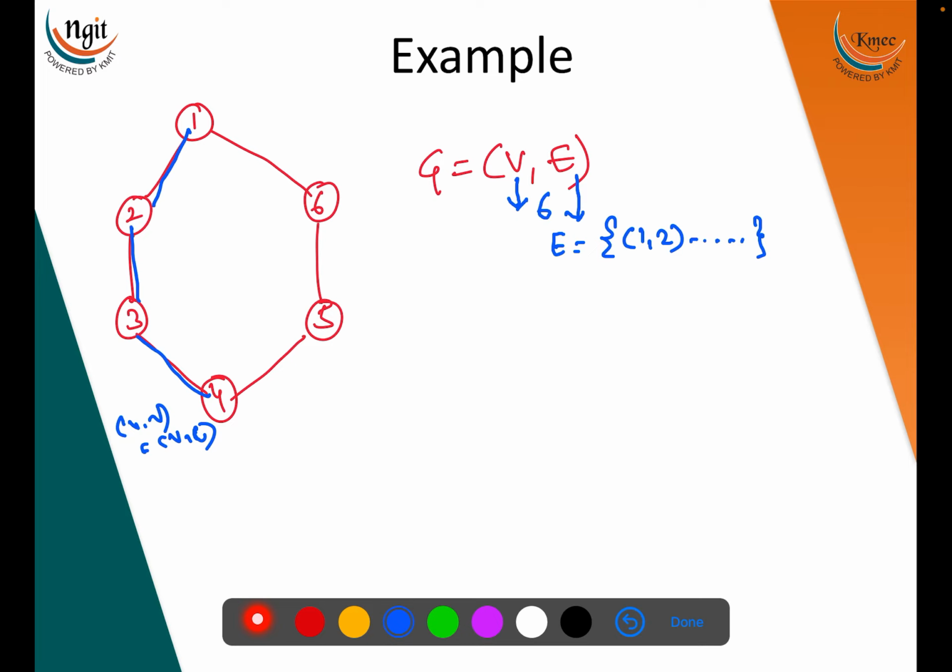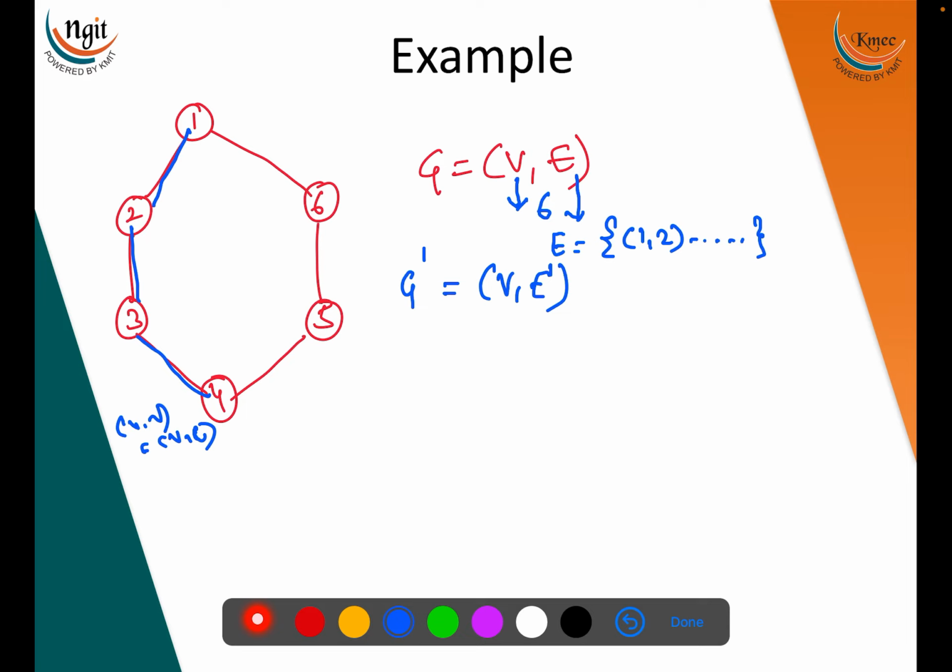Now our aim is what? To write different spanning trees for this graph. Now consider a spanning tree is a subgraph. G dash is equal to V comma E dash.